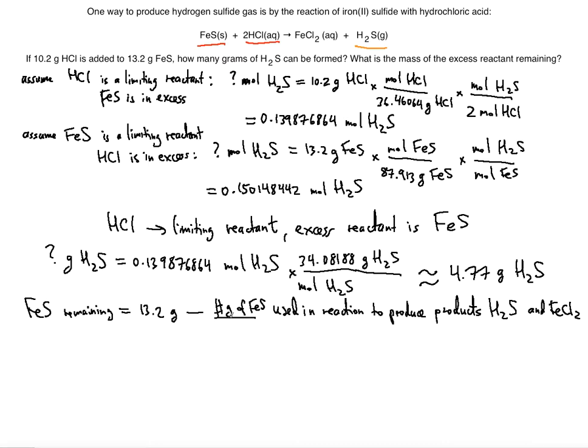Okay, so we need to find this number of grams of FeS used, right? So we're going to take this and convert it to moles of FeS. Right? 1 mole of H2S takes 1 mole of FeS.